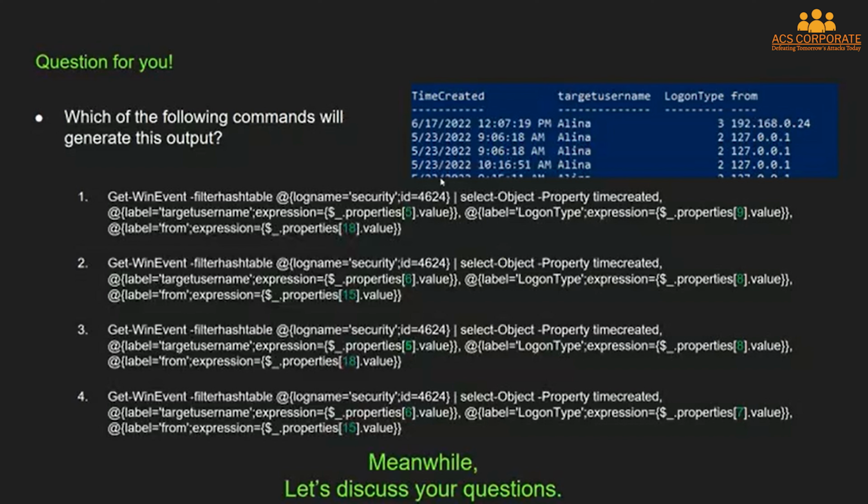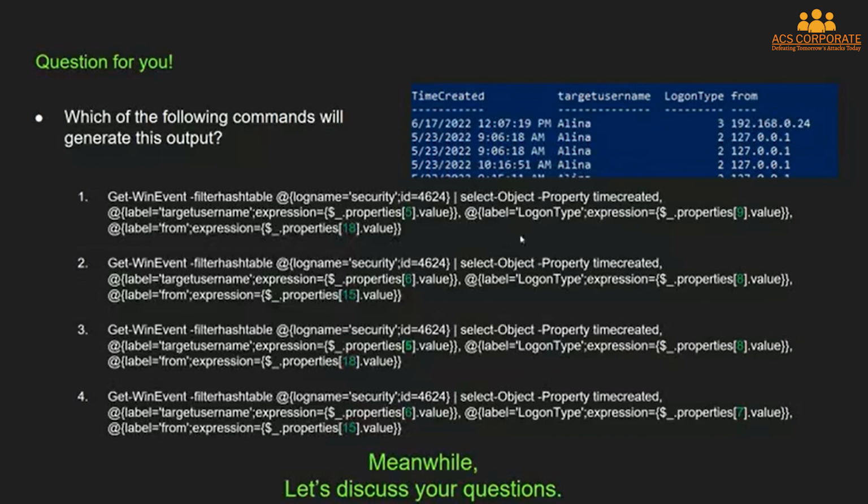So in our question here, we are giving you different property numbers. What you had to do is to find the right properties that will show you the time of this event, then the username accessed, then the login type, and then the source IP of the access.